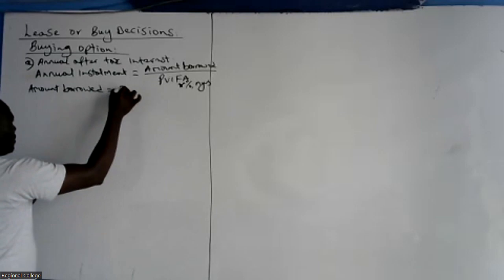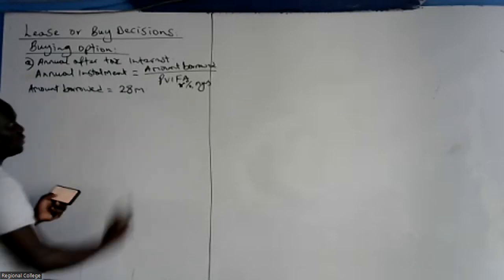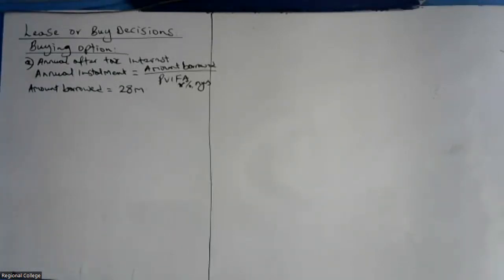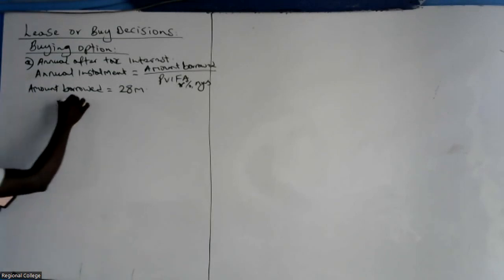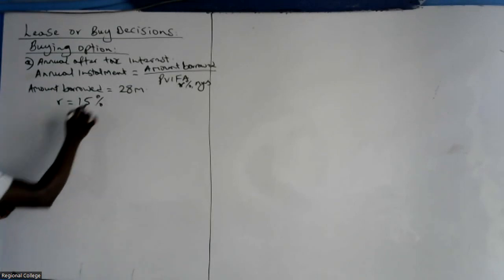We borrowed 28 million that we require to buy that asset, right? What is our rate? Is it 15%? It's before tax, which is okay. That's why the interest will be adjusted for tax.